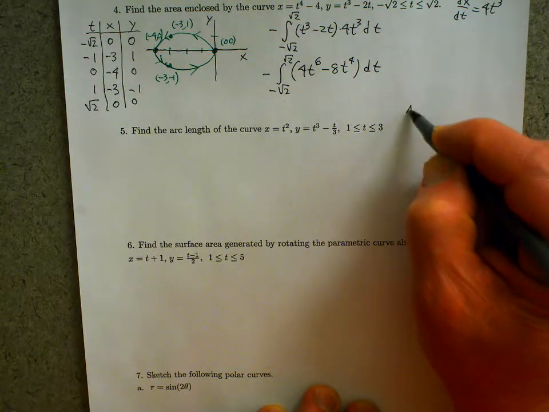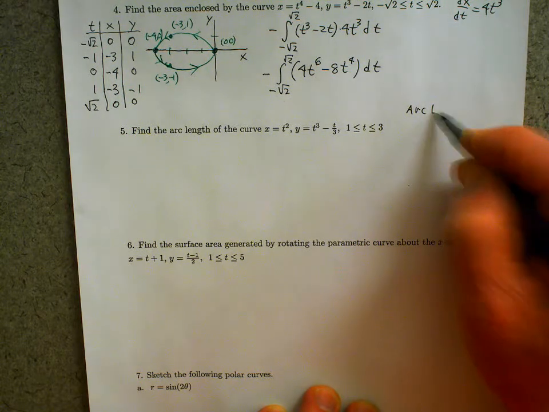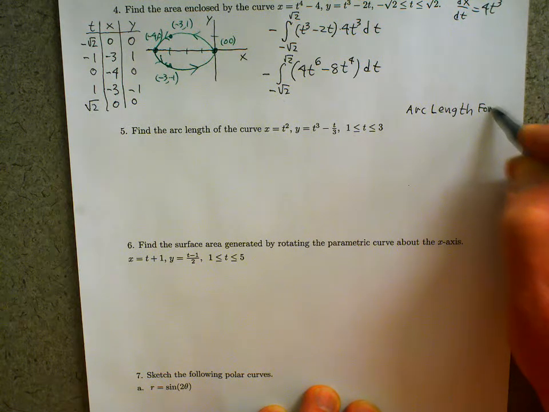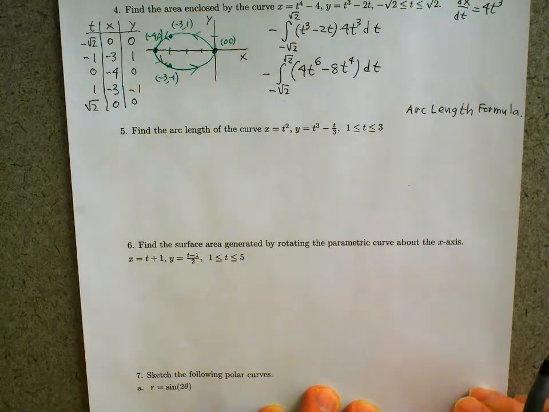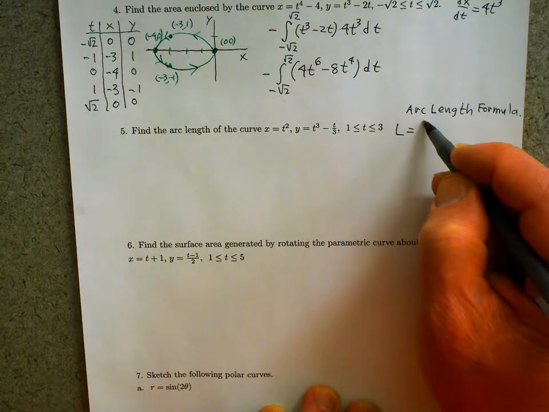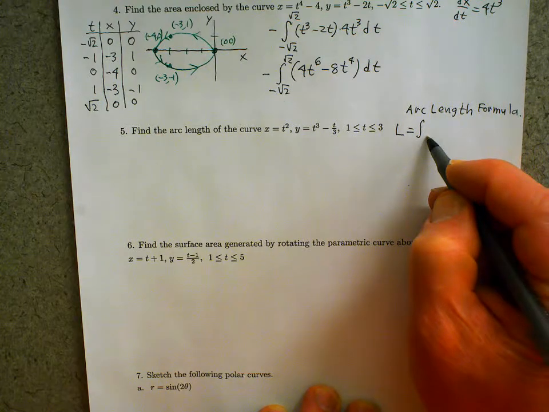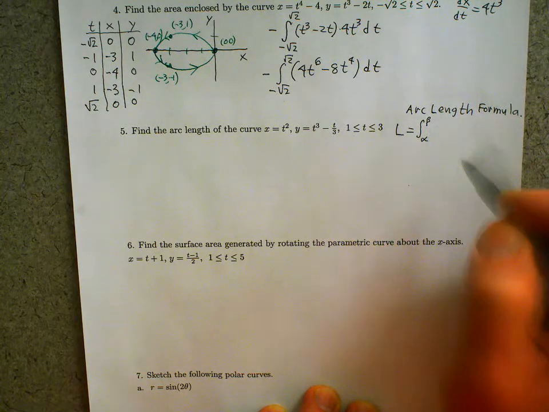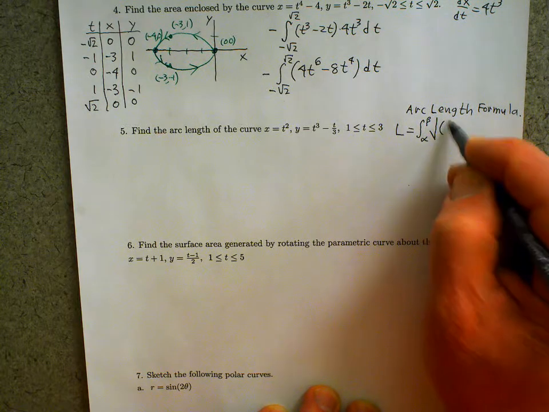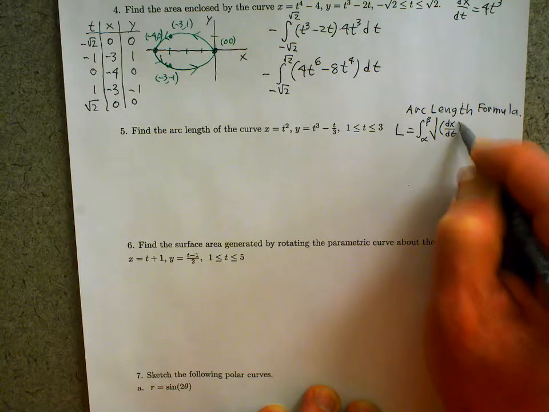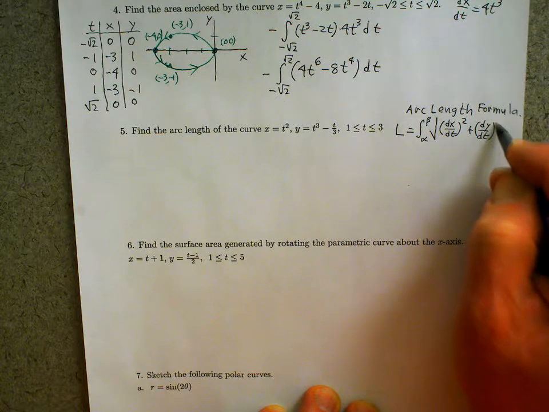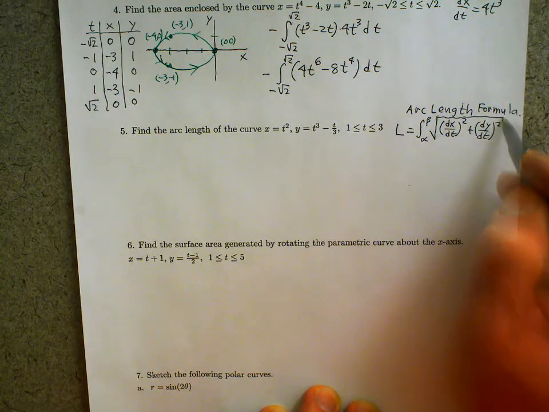Okay, so the arc length formula for parametric curves. L equals the integral from t equals alpha to t equals beta, and the integrand is the square root of (dx/dt) squared plus (dy/dt) squared, dt.